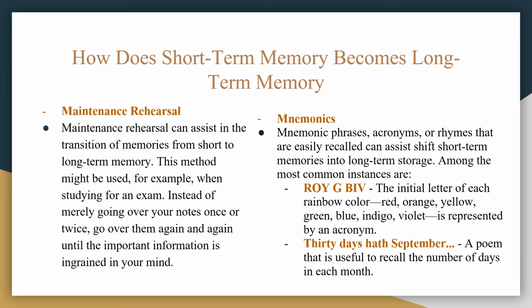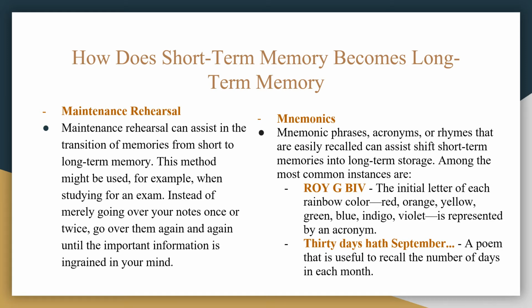Another way that short-term memory becomes long-term memory is through the use of mnemonics. Mnemonic phrases, acronyms, or rhymes that are easily recalled can assist in shifting short-term memories into long-term memories.